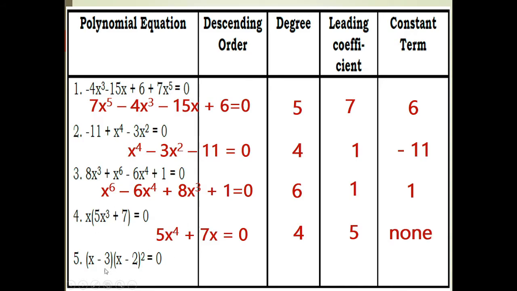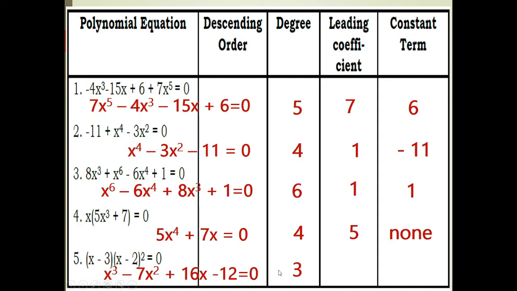And one more. So, we have x minus 2 raised to the second. So, kunin muna natin yan. That will be x squared minus 4x plus 4. Multiply it by x minus 3. You will get x cubed minus 7x squared plus 16x minus 12 equals 0. So, i-check nyo na lamang sa bahay kung bakit nakuha ito kasi magtatagal pa tayo.